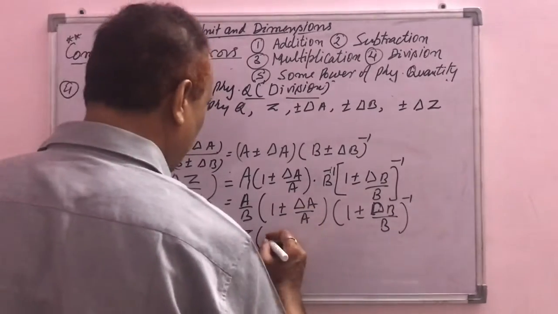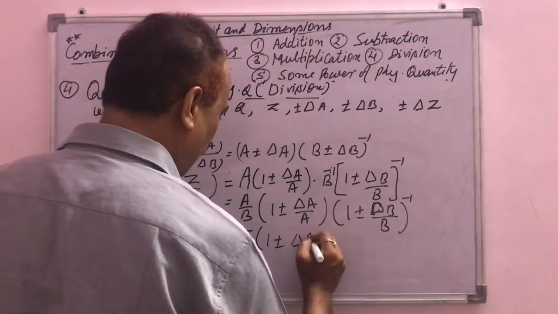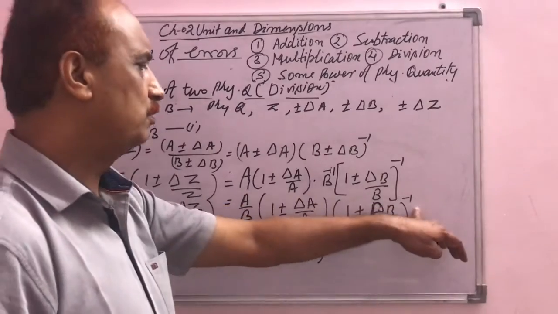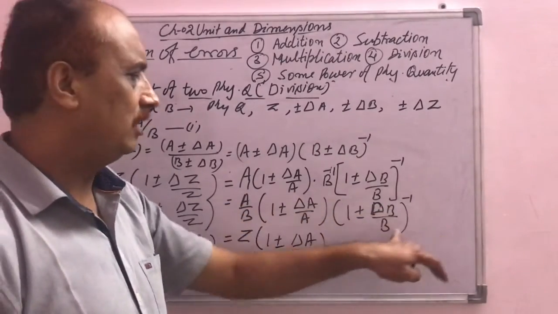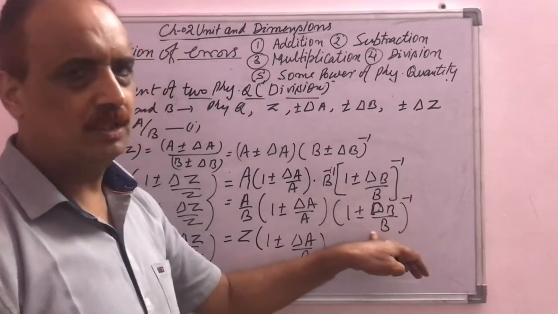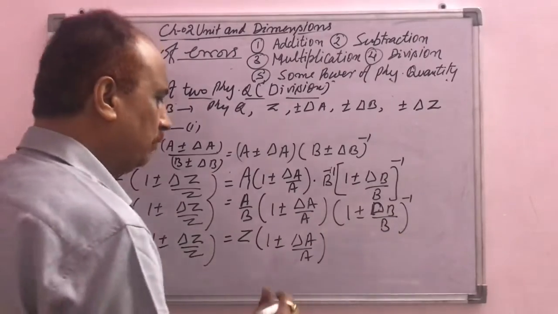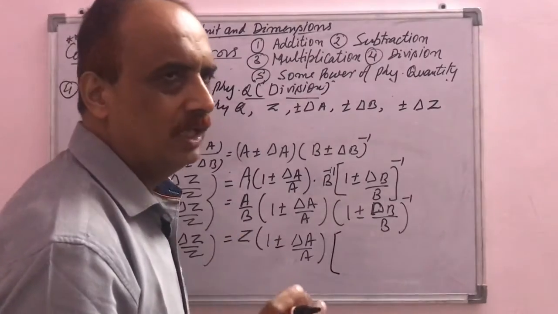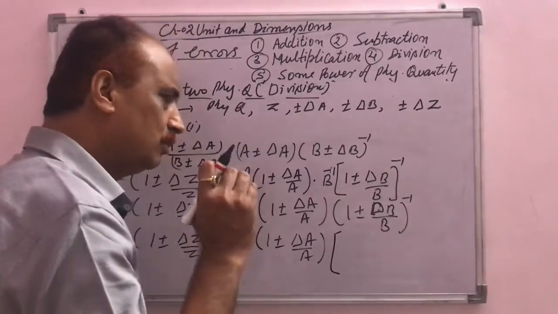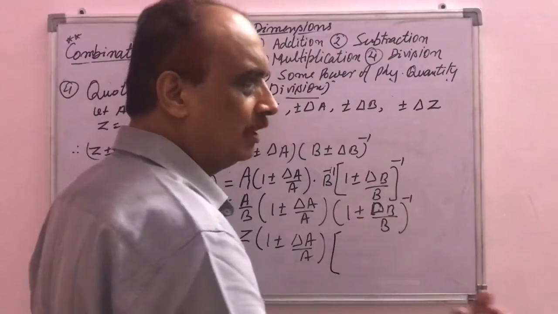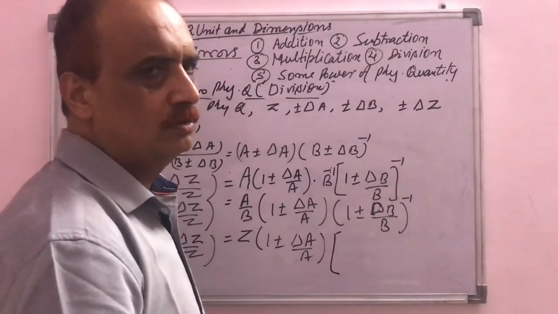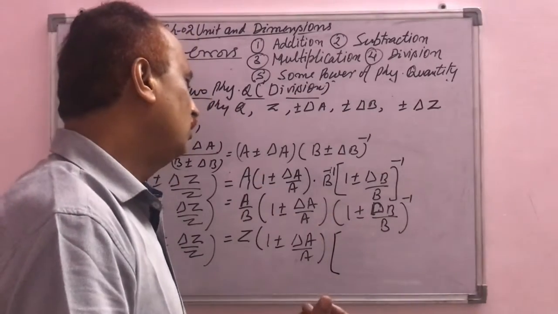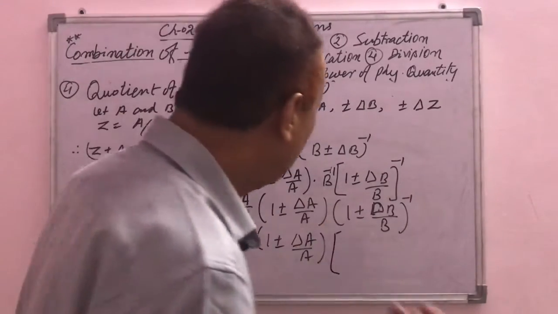Now the first bracket is the same, 1 plus delta A upon A, but in the second bracket we get the power minus 1. So we have to expand that bracket using the binomial theorem. By using the binomial theorem, we take the first term and neglect the higher terms, because when the power increases, the small quantity is reduced further.